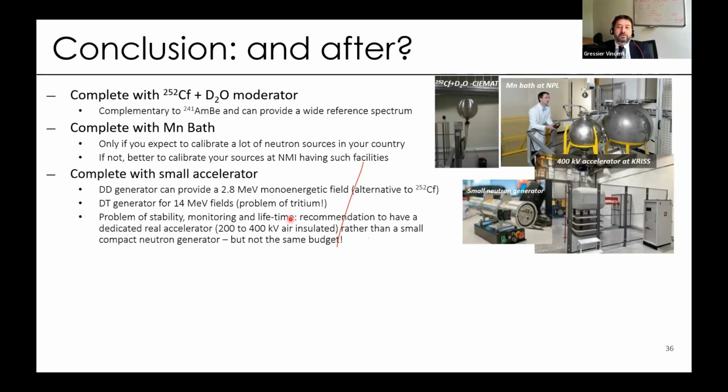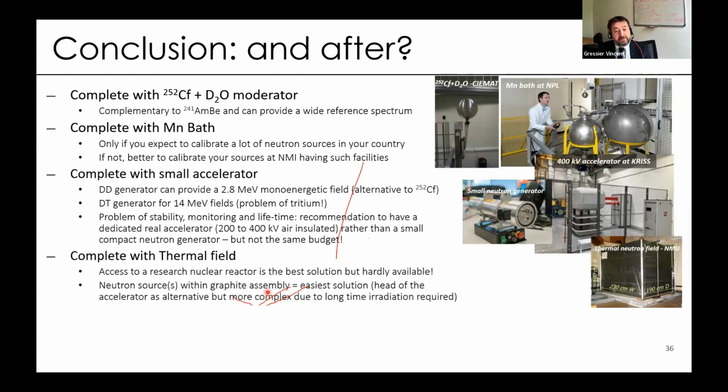The problem of such small neutron generators is the stability, the monitoring, the lifetime. So my recommendation as a metrologist would be to have a dedicated real accelerator from 200 to 400 kilovolt, air insulated, but that's not exactly the same budget as a small neutron generator.